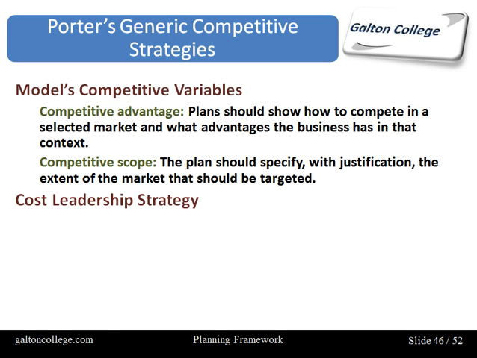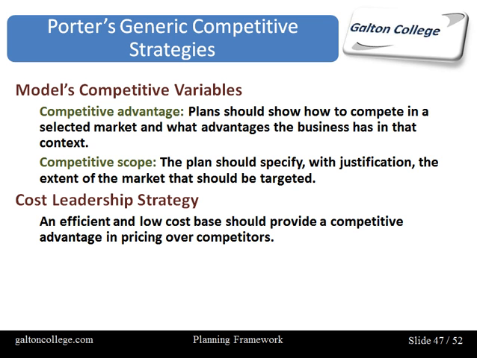The other firms follow them. No one wants to upset them, because if they upset them and they cut the price, it'll force the competitors out of the market. So the other companies take what's left over. So some companies have a cost price leadership. It's an efficient and low cost base, and it should provide a competitive advantage in pricing over the competitors.